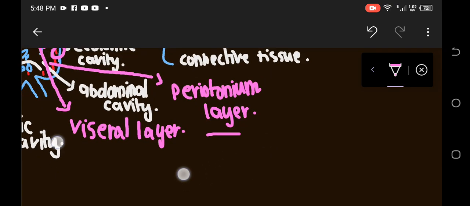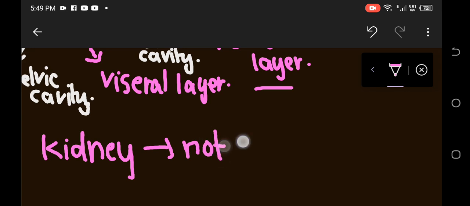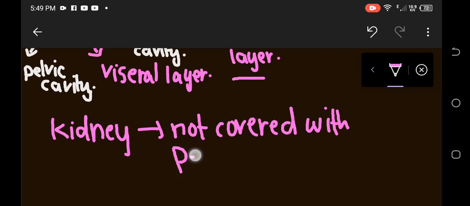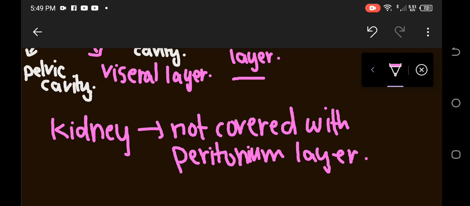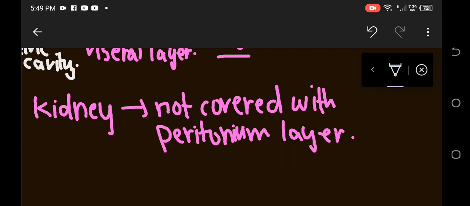These kidneys are not covered with the peritoneum layer. So these kidneys are on the outer side of the coelomic cavity. They are covered with the visceral layer, as all organs are covered by the visceral layer, but not with the peritoneum layer.